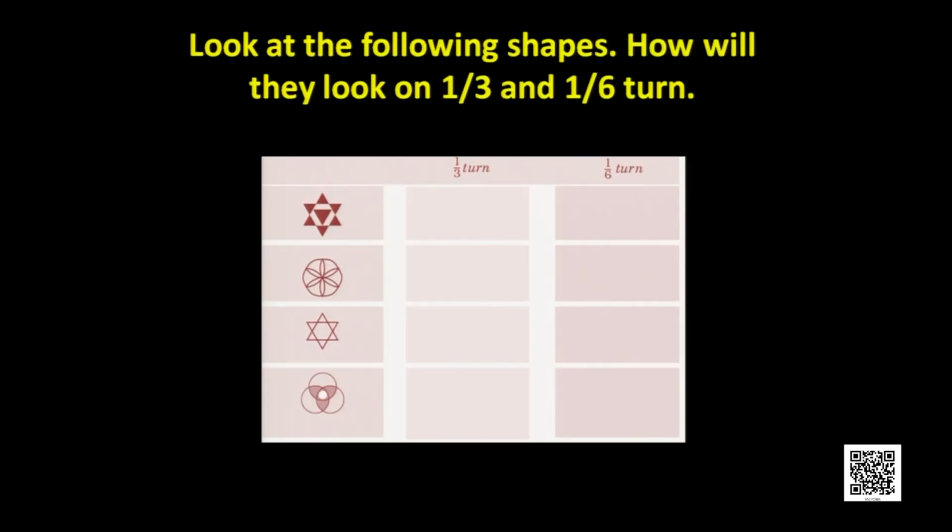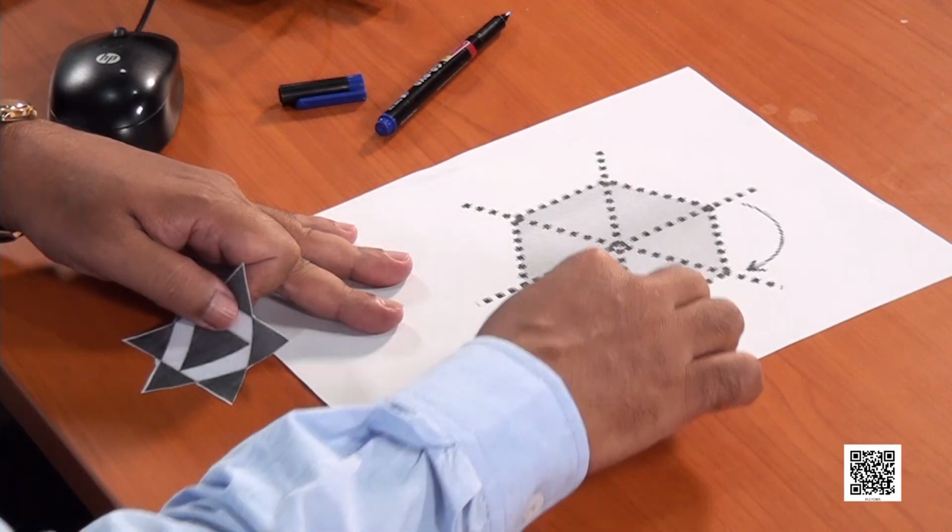Now look at the following shapes. How will they look on a 1/3 turn and a 1/6 turn? What is a 1/3 turn? I just told you it is 120 degrees. Suppose I am taking this picture. Here you see. First I am making a 1/3 turn. You just neglect these lines.